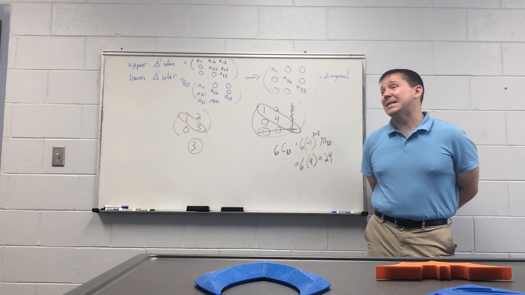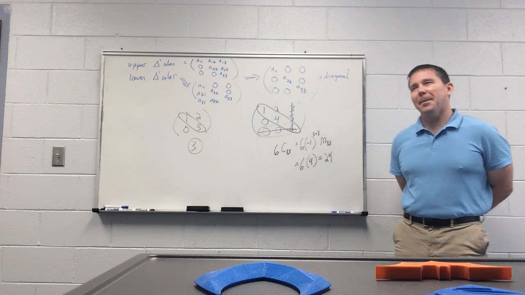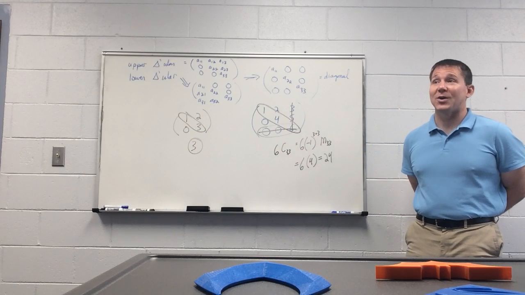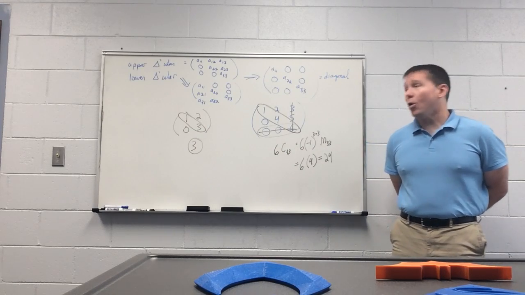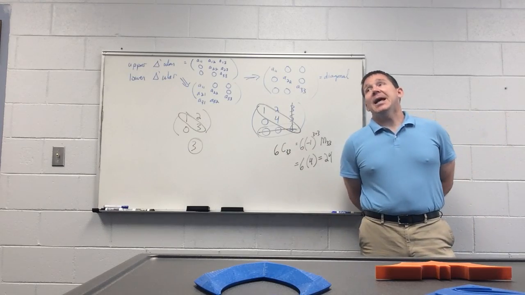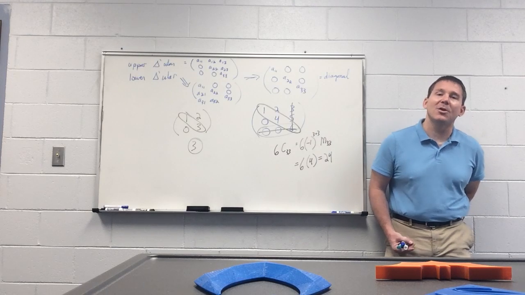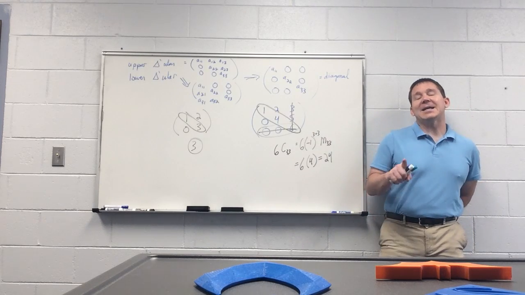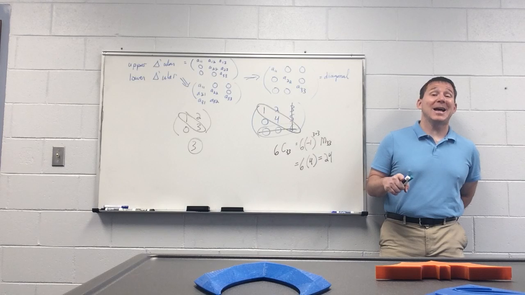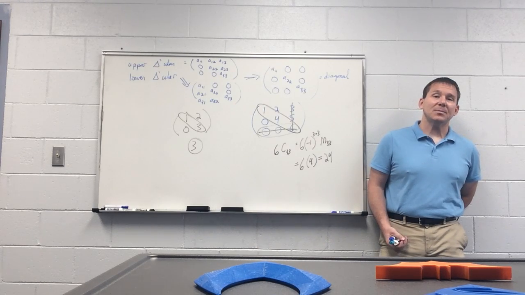And what it means is, if you want to find the determinant of an upper triangular or lower triangular, or by extension diagonal, matrix, as it turns out, the determinant is just the product of the numbers along the diagonal. And yes, that means if one of the terms along your diagonal is 0, then your determinant will be 0.